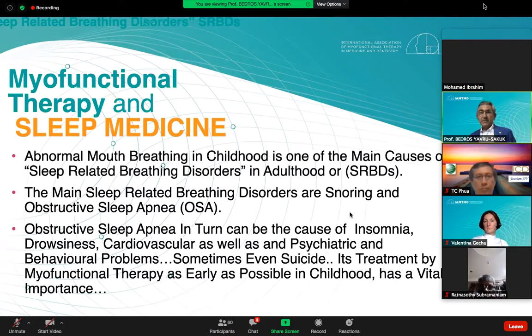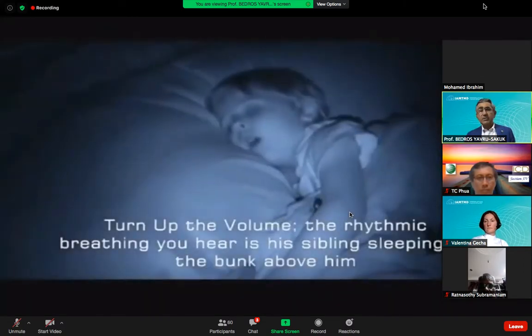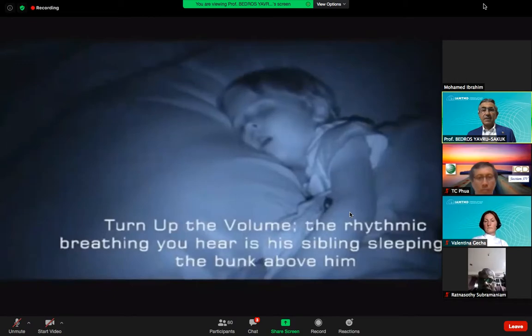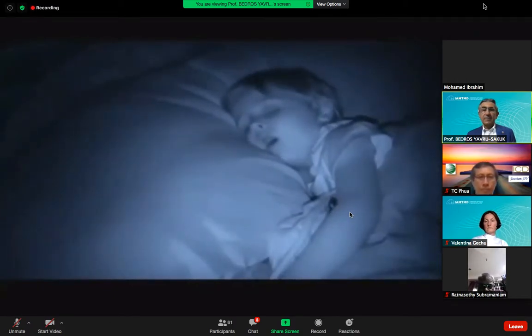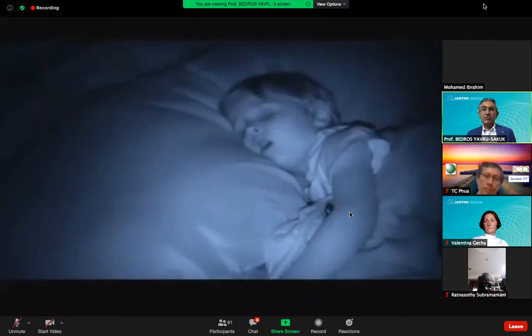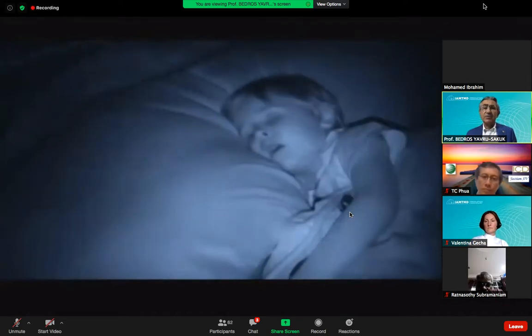Here, you can see a child's obstructive sleep apnea. The child is 3 years old. As you can see, the child is gasping for air and has difficulties breathing.